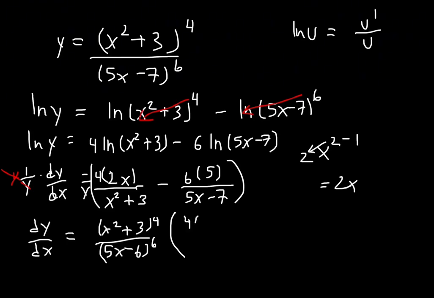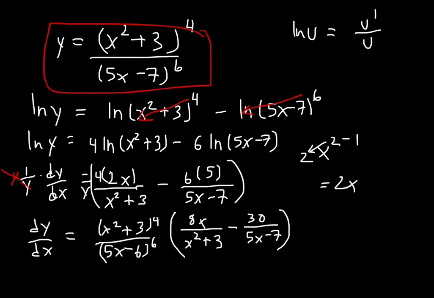So 4 times 2x, I'm just going to say it's 8x. 8x over x squared plus 3 minus 30 over 5x minus 7. So that's the derivative of this function.